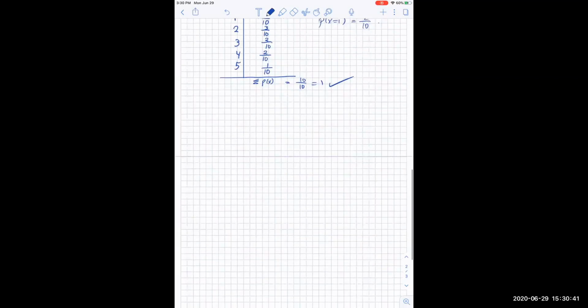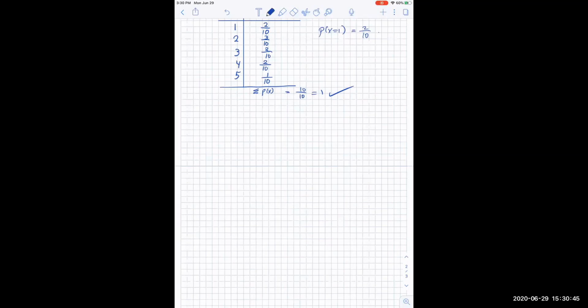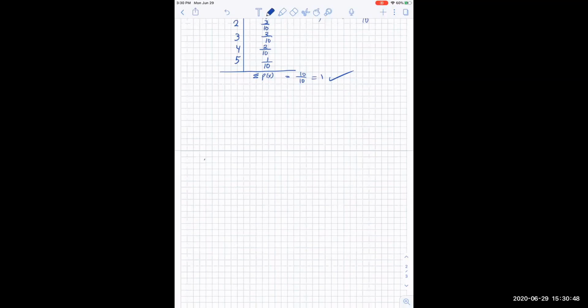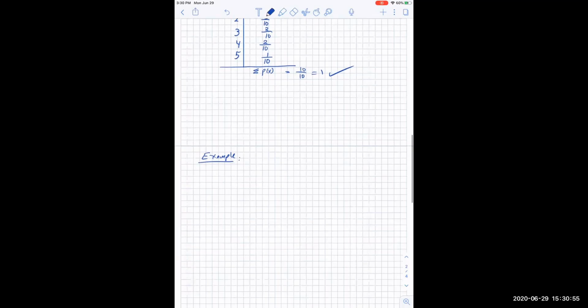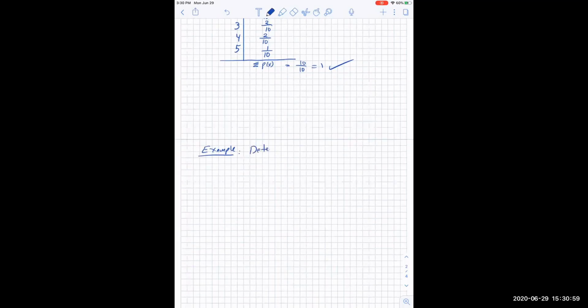Next example. Determine whether the following table is a probability distribution or not.